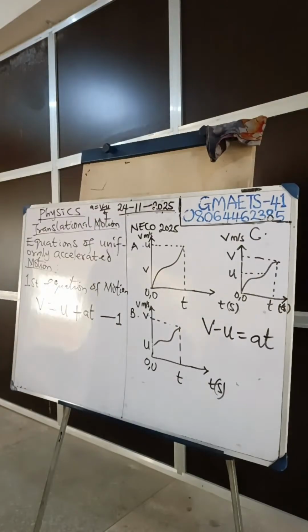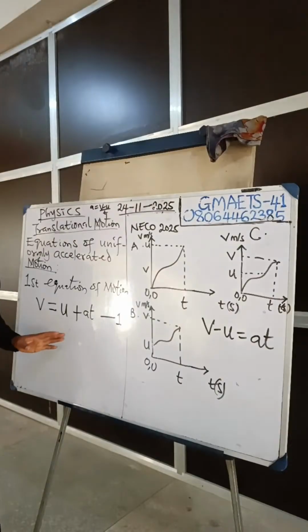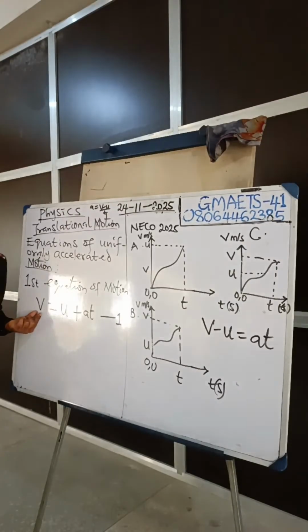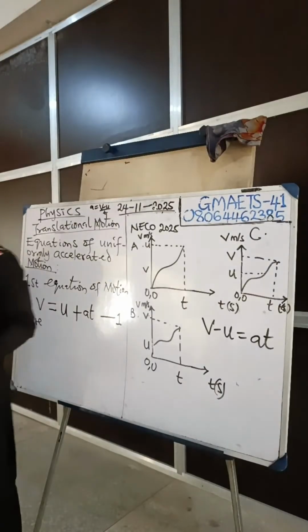Let us go to the second equation of motion. But before that, I would like us to calm down and look at the parameters, the quantities in this formula. What is the meaning of this V? Final velocity. Please write it in your notes, because in any scientific formula you must know the meaning of the quantities.